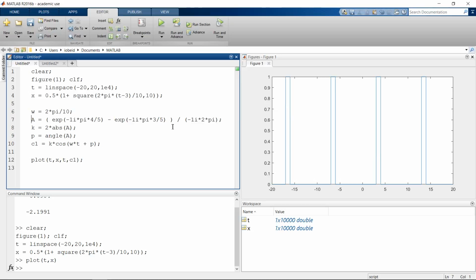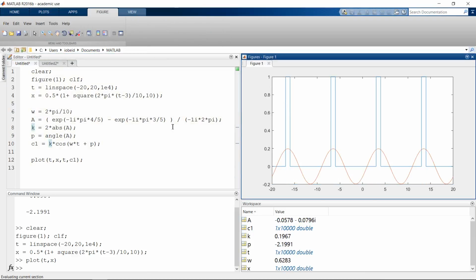So a word about good coding technique, you'll notice that once I type in the value of A, I don't bother with actually typing in the numerical value of k over here on line 8. I mean, I know that the value is about 0.2, but why round it? Why bother typing it in by hand? Just let the computer handle that detail for you. If I say 2 times the absolute value of A, then the computer will know the exact precise value of k.